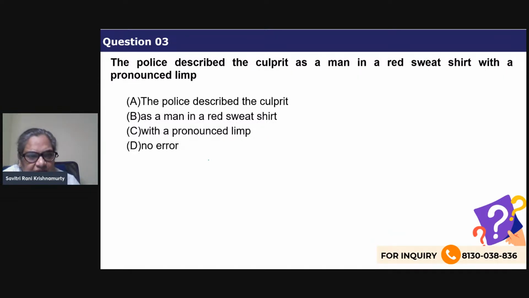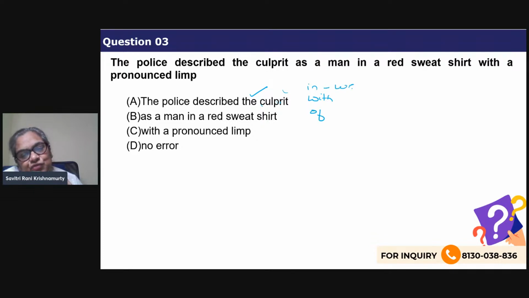All right, so here we are assuming some crime is there. So the person who is suspected, the culprit, is fine. Okay, this is fine. As a man, a man. Now we come to the three important prepositions we use to describe people.